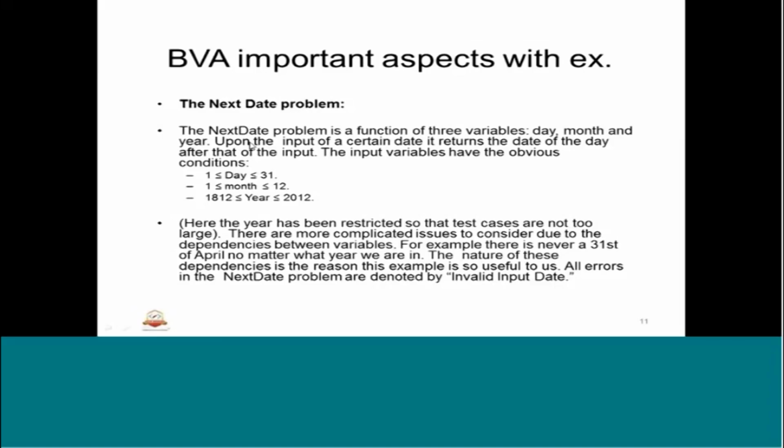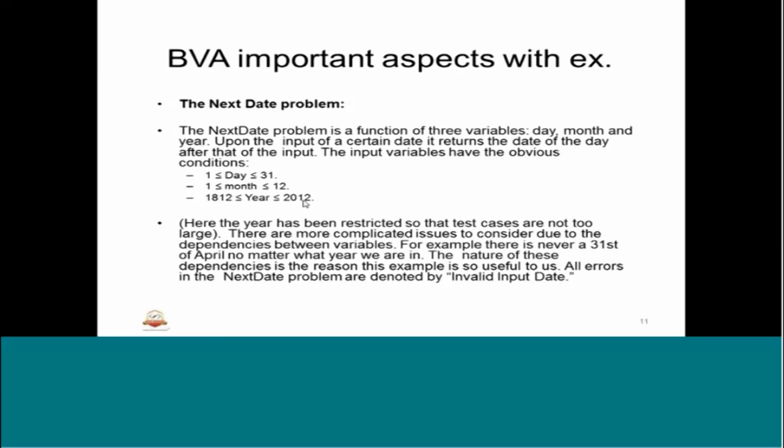The next date problem is a function of three variables: day, month, and year. Upon the input of certain date, it returns the date of the day after that of the input. The input variables have the obvious conditions like below. Day should be 1 to 31, month should be 1 to 12, and year should be 1812 to 2012.